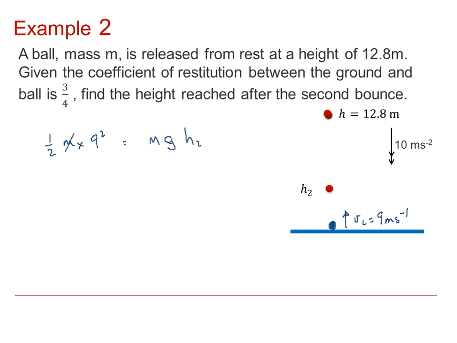The m's again cancel, so we've got 81 divided by 2, so 40.5, and divide that by 10 g, so h2 must be equal to 40.5 divided by 10, which is 4.05 meters.